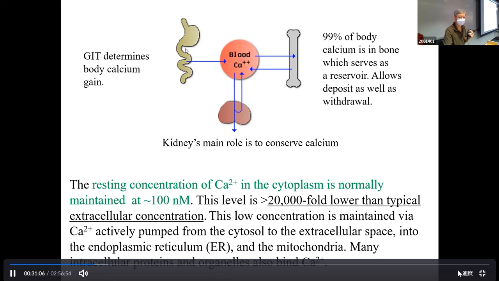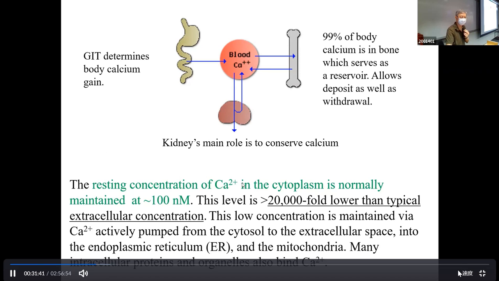Where it comes from will be from your diet, which obviously will be your gastrointestinal tract. And then excretion, this is your kidney. The degree of excretion and ability to reabsorb calcium back will then play roles in your overall body calcium concentration in the blood. Basically, our blood calcium concentration will be controlled rather tightly, and that, again, we will talk about in a minute.